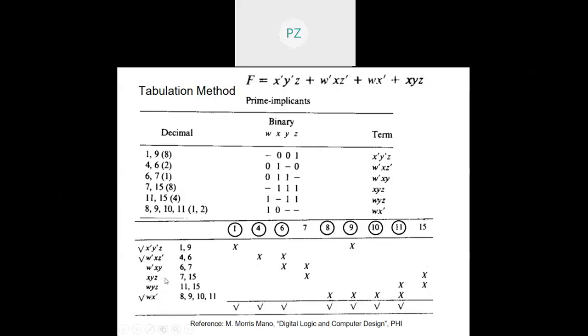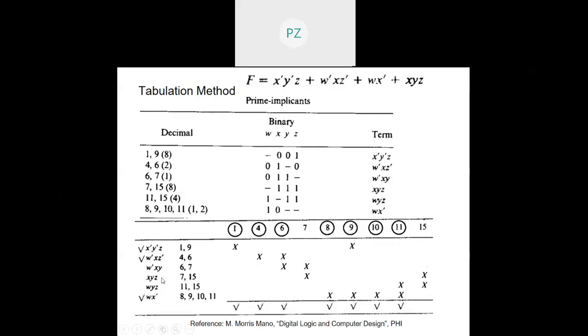You might be thinking that xyz is also an essential prime implicant, because if you don't include it, it will not cover 7, 15. No, I'll say xyz is not an essential prime implicant. Why? Because if I do not include xyz, but I include the essential prime implicants, which I'll have to include anyway, and I include these two remaining ones, w dash xy and wyz, they will give me 7 and 15. 7 will be given by w dash xy, and wyz will give me 15.